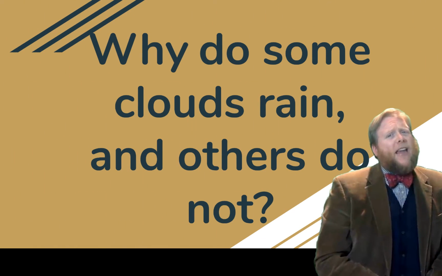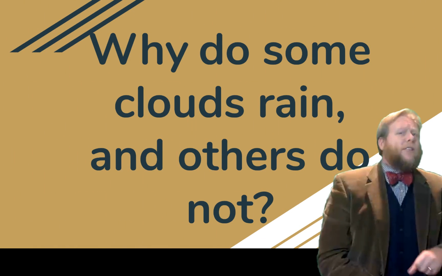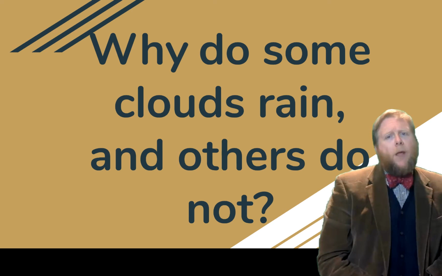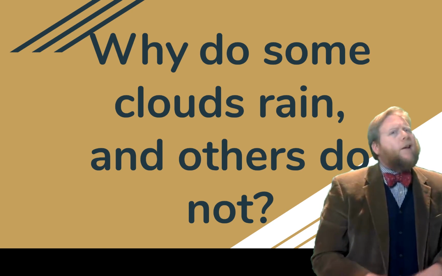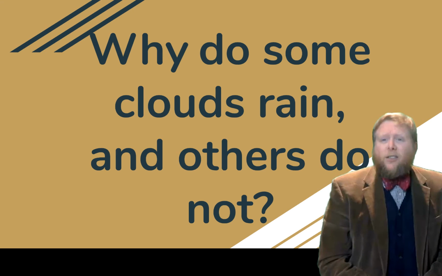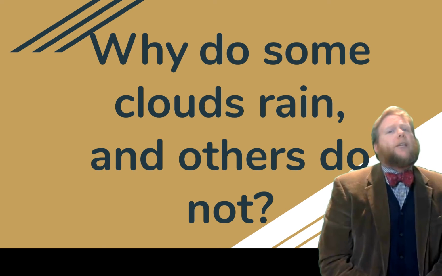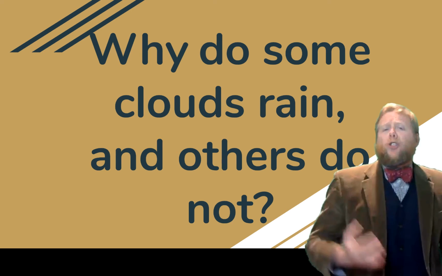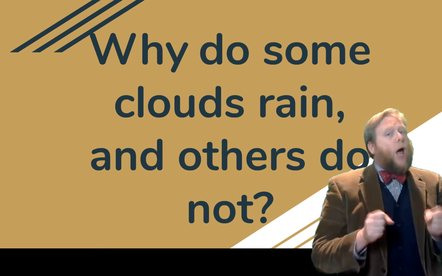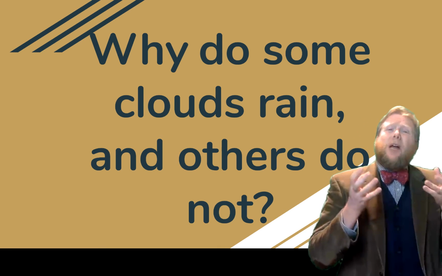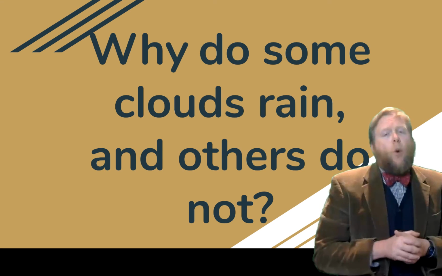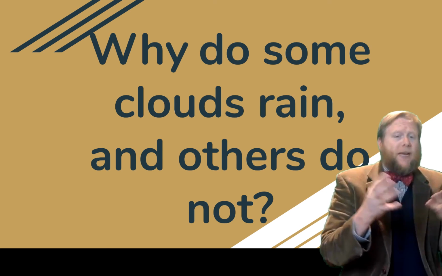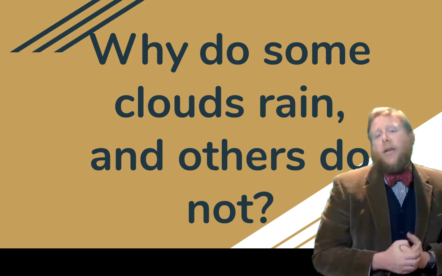So let's go back to that investigation question that we set out to answer at the beginning of this video. Why do some clouds rain and others do not? The answer comes to how much energy is being transferred from the air parcel to the surrounding air. If there's a lot of energy being transferred, that means there's going to be a lot of condensation, and the water that condenses will move past just being a cloud and fall as precipitation.